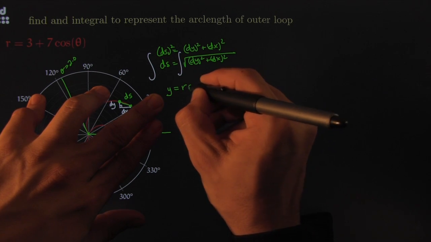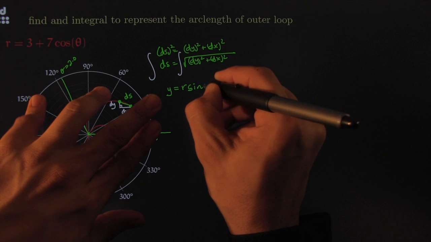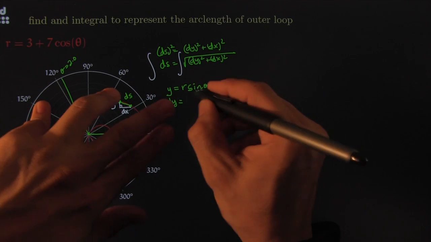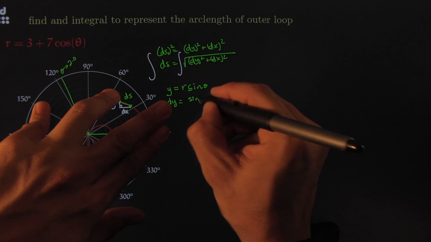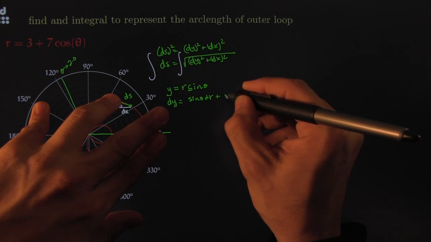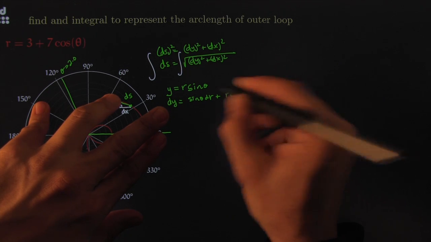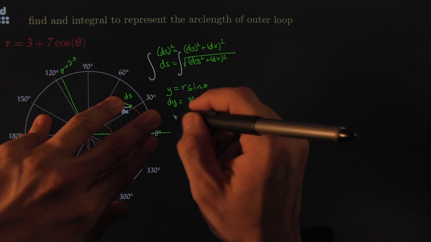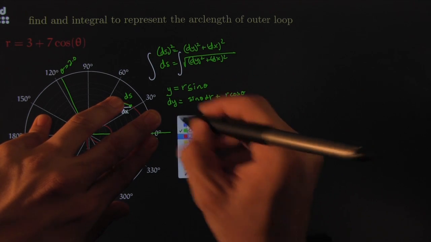y is equal to r times sine theta. That would tell me that dy is equal to, I'm slapping a d on both sides, sine of theta dr plus r times cosine theta d theta. The derivative of sine is cosine theta. And then I could even get a dy squared here, and I'll do the dy squared in red.